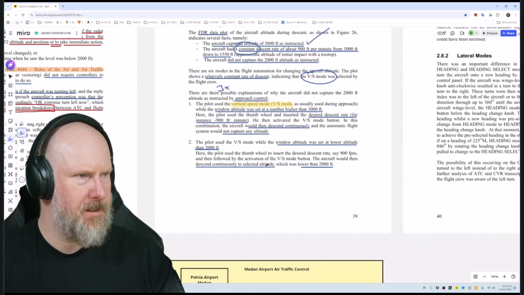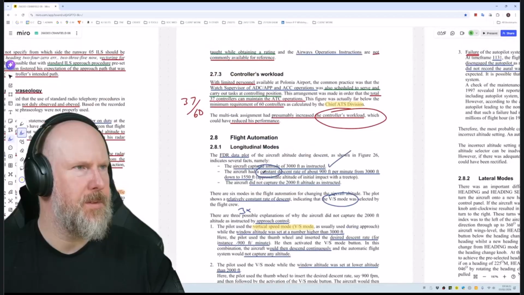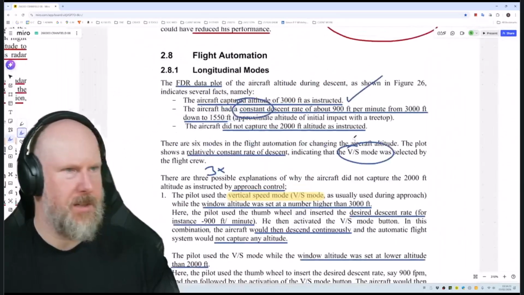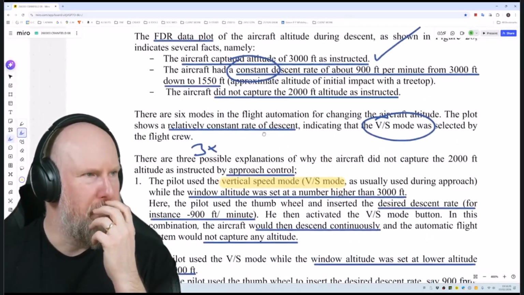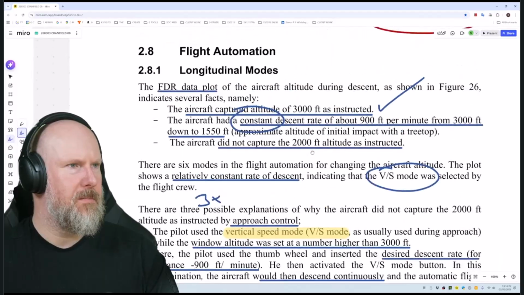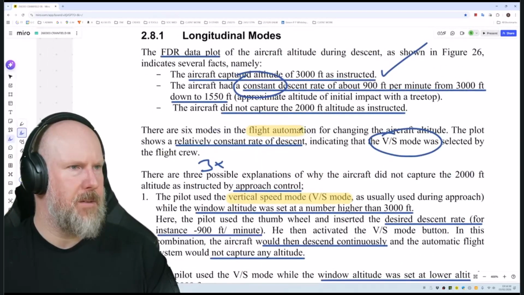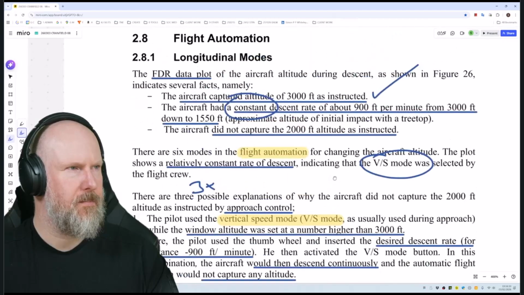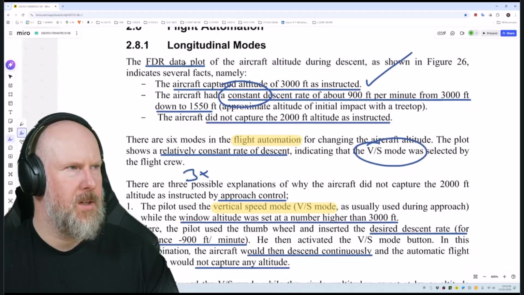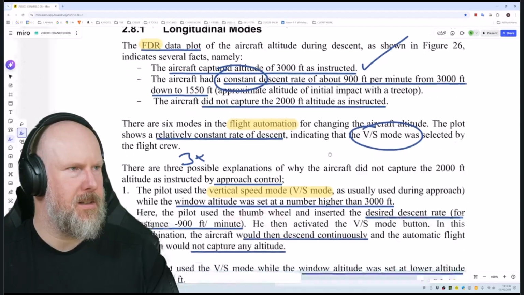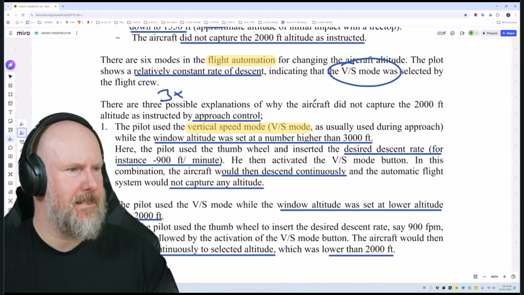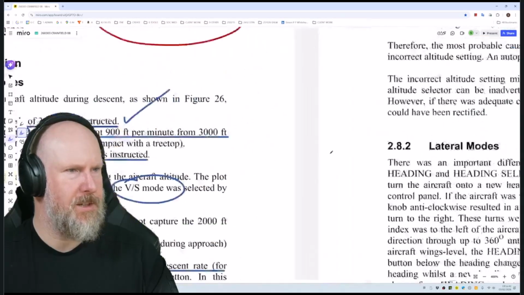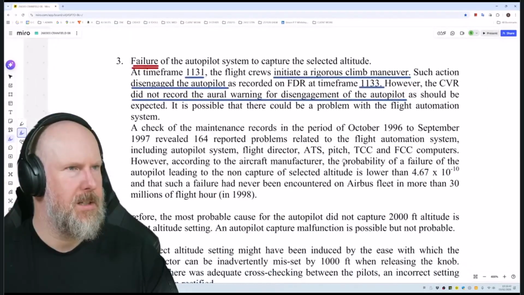And then we've got, I'm sure there was some other way to describe it. What was it called? Flight automation. There we go. That's one way to describe it. There's the FDR. I'm sure there was another way they described it. I think I'm going crazy. Autopilot system.